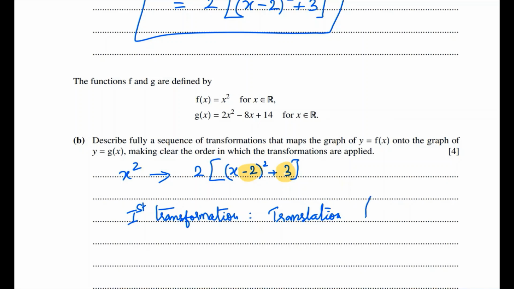And the translation vector: minus 2 can be written as 2, and 3 is written as 3. So the translation vector is 2 over 3.